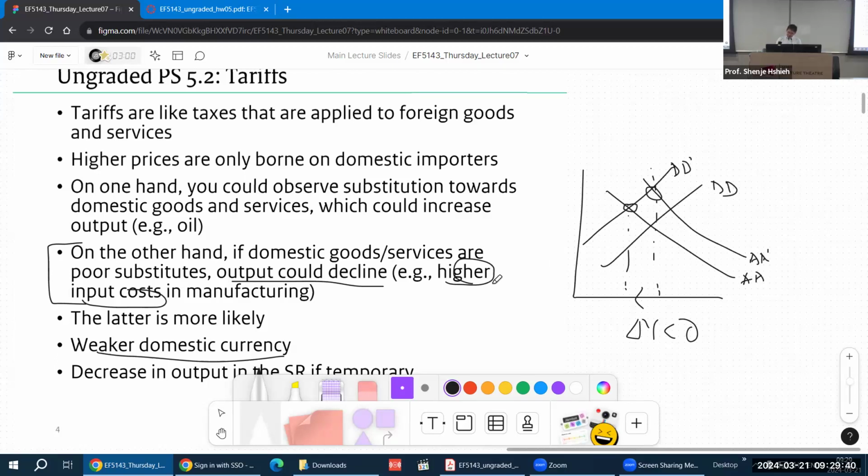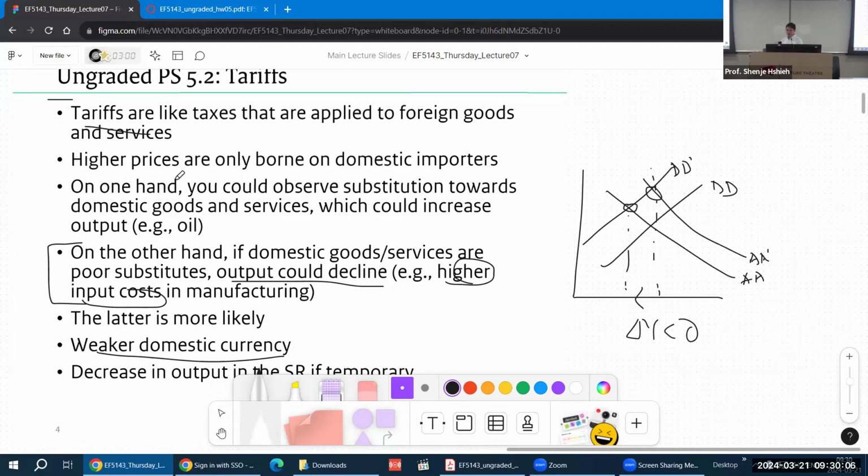I assume that people are not going to substitute from foreign to domestic, which is what I think most countries would hope would happen. So what policymakers hope would happen is that if there is an increase in tariffs, there may be good substitutes locally, in which local companies may actually benefit from a tariff, right?